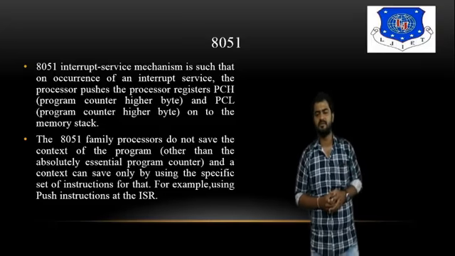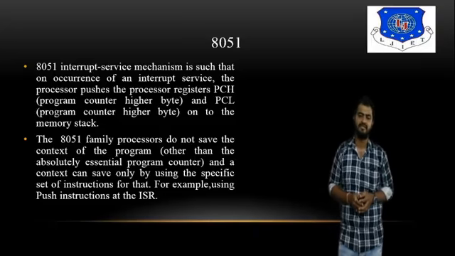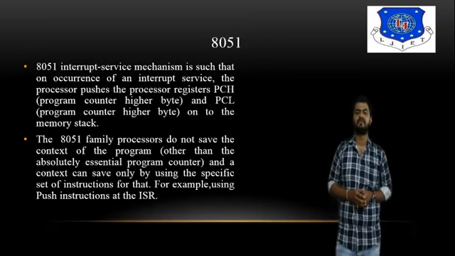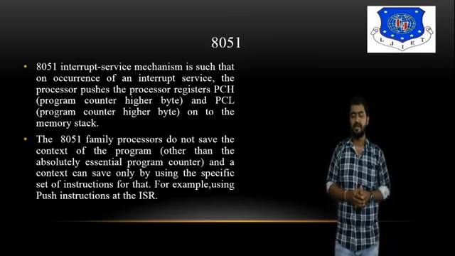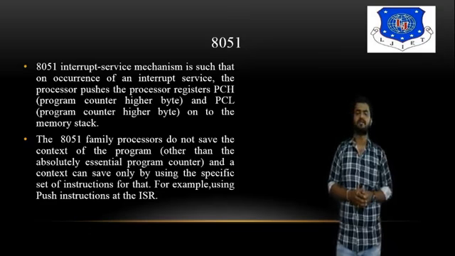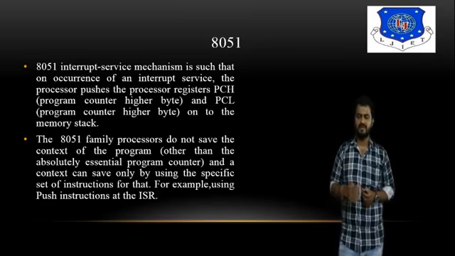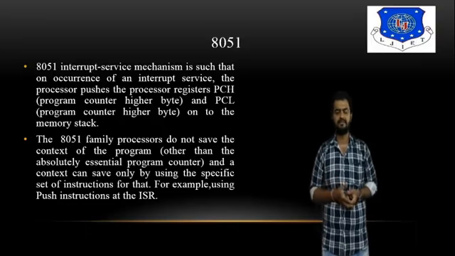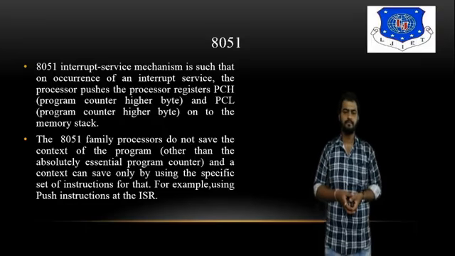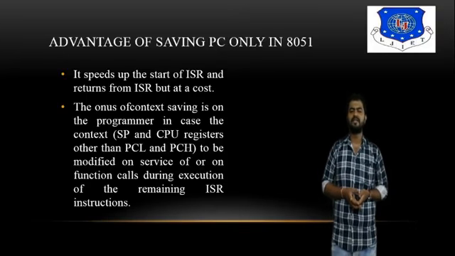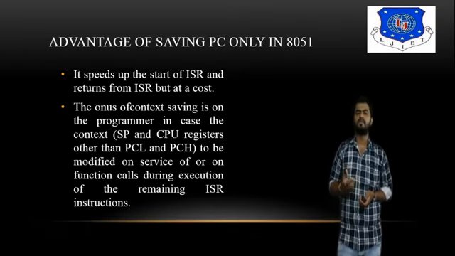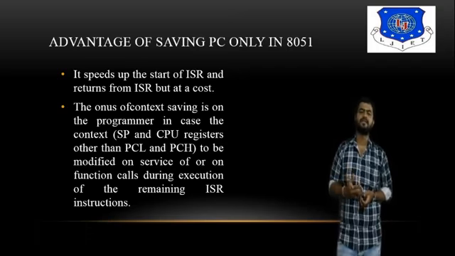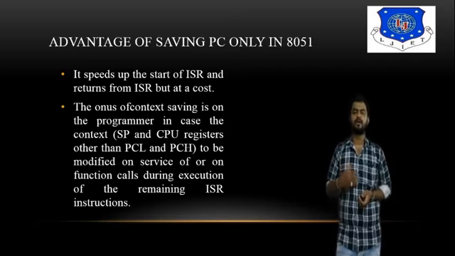So basically, if you're talking about the interrupt service routine mechanism, then we have to focus on these two parts, PCH and PCL, the higher byte and the lower byte, right? And for that, we specifically consider the program counter, because based on the program counter, the instruction set will vary. Now, the advantage of saving only the program counter in 8051 is that it speeds up the start of the ISR and the return from the ISR, but at a cost.